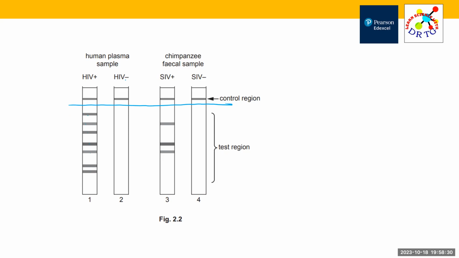And a person who doesn't have HIV has no antibodies. We don't see any bands. And chimpanzees with SIV had at least 3 antigens which are shared with HIV. So the negative one, that means no SIV, then we don't see antibodies.